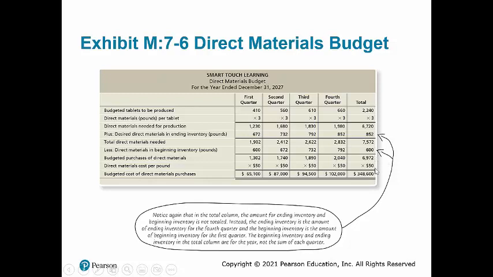We multiply that by $50 per pound and we get the total for the budgeted cost of direct materials purchases for the year of $348,600. We could also add the totals for the first, second, third, and fourth quarter, and that would give us the same amount. And that is the conclusion for part 1 of Learning Objective 3.